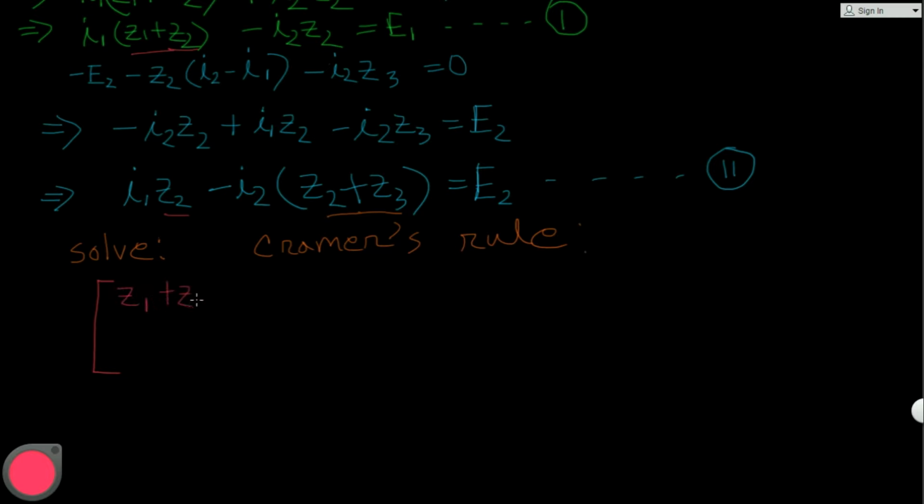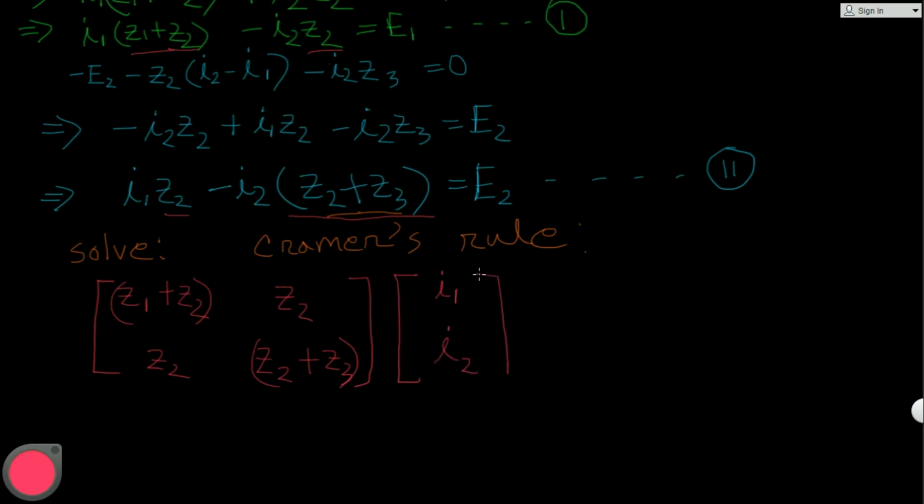So I am putting the coefficient of I1 on the left side of a matrix and the coefficient of I2 on the right side of the matrix. And multiplying another matrix which contains I1 and I2 equal to the matrix of E1 and E2.